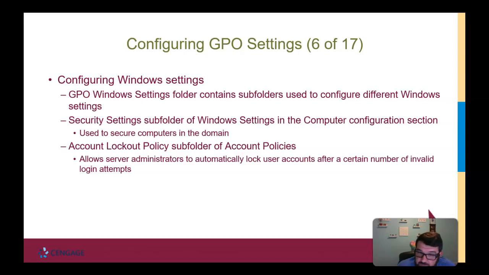So that's where your, like it says right here, account lockout policy. And what that does, the account lockout policy essentially, it's the setting that says if you type your password in 5 times wrong, lock your account out for X number of minutes, so that you prevent password sprays, stuff like that.